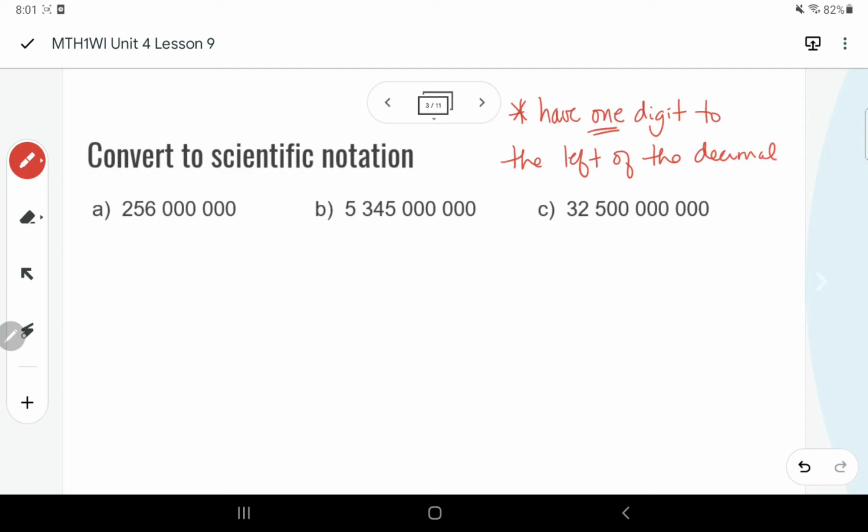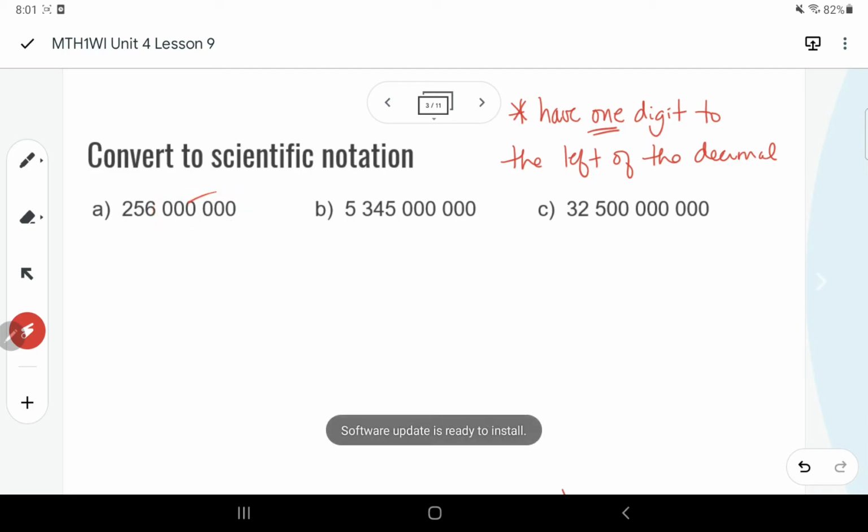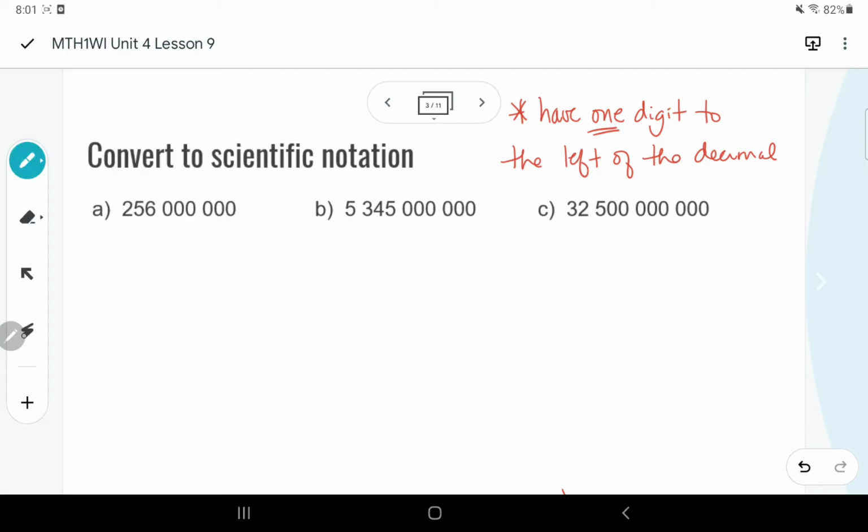So we're eliminating all of the big amount of zeros at the end of a really large number. So if I were to look at this one, 256 million, so 256 with 6 zeros after it, we want to basically move that decimal point over so that it only has one number to the left of it. So I'm going to move it 1, 2, 3, 4, 5, 6, 7, 8 times.